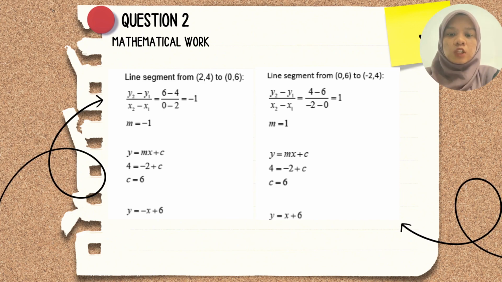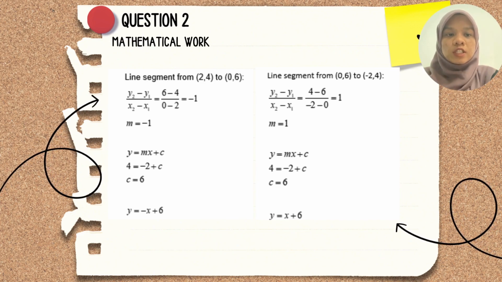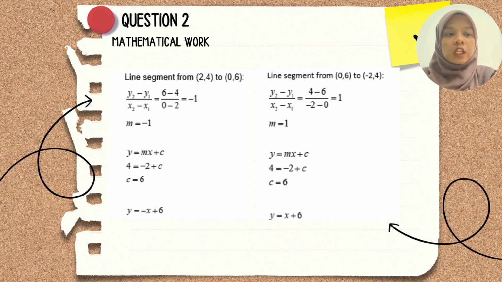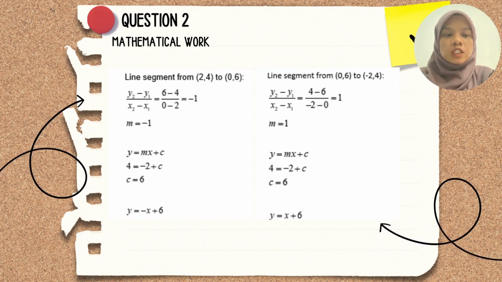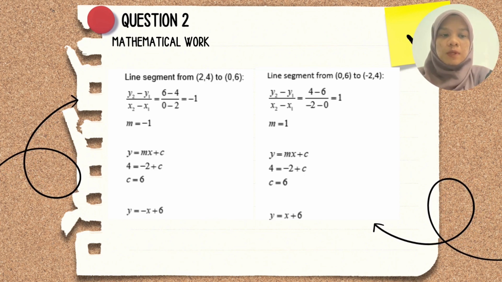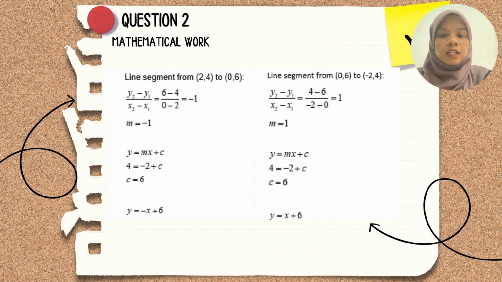We also need to find the line segment from point (0,6) to point (negative 2,4), which also uses y equals mx plus c, and we get the line segment y equals x plus 6.